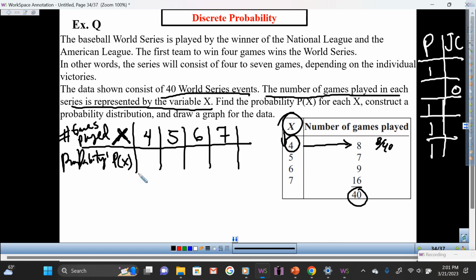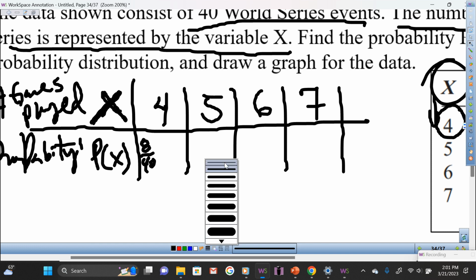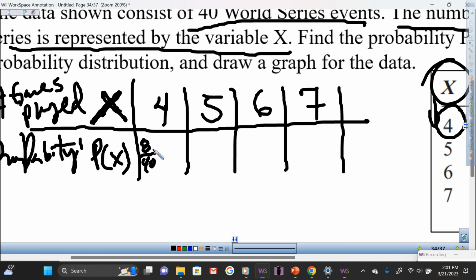So I'll write it here. 8 over 40, which translates to, let me zoom in, can we simplify this? 1 over what? 5. In decimal form, what is that? 0.20, okay. So find me the probability of the other ones, please.